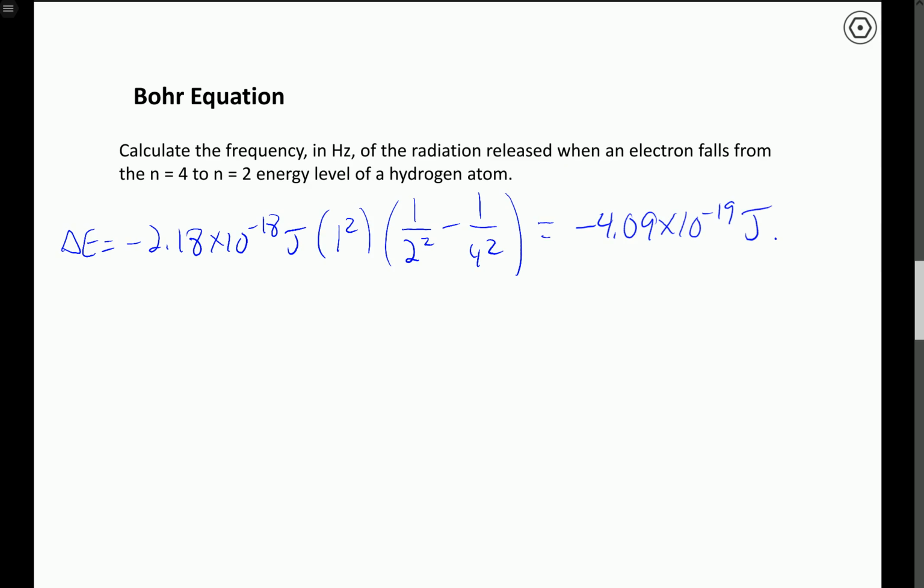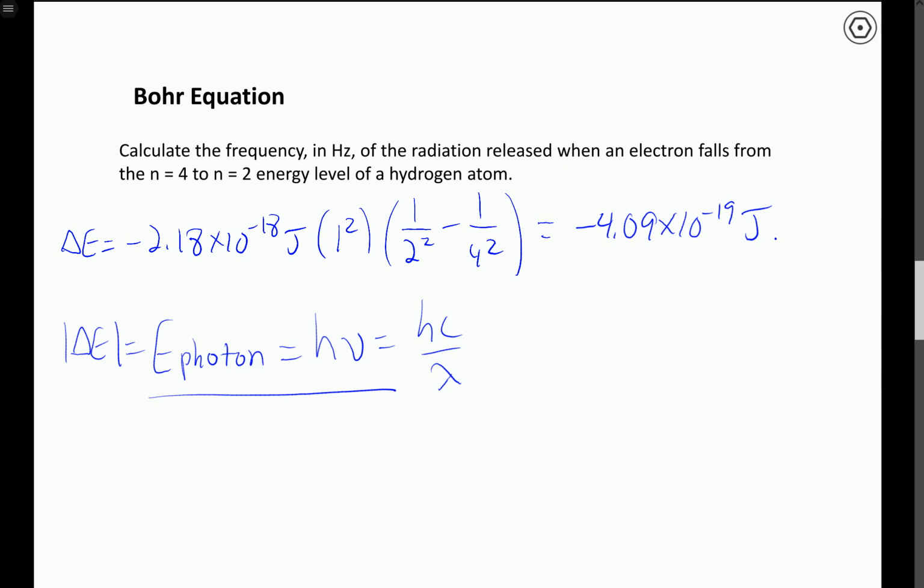And then remember that the absolute value of delta E is equal to our photon energy that's going to be involved in this process. In this case, the photon is emitted. And we have an energy equation for a photon. The simple form of it, which we're using in this case, is h times nu. We used the alternative form, hc over lambda, last time. But here we're solving for the frequency, so we just need to use this form of the equation. So we want to solve for nu, which is frequency, and that's going to be our energy divided by h.